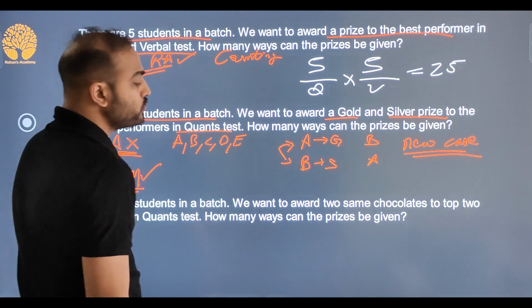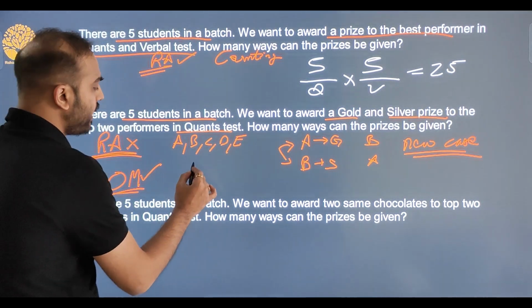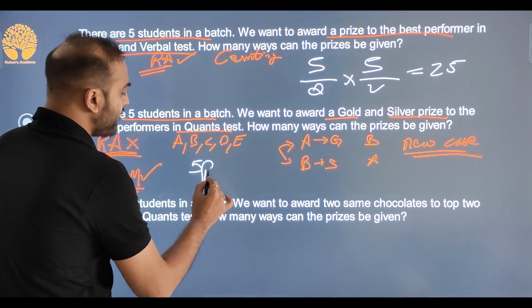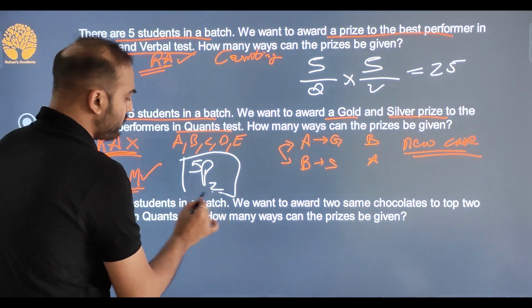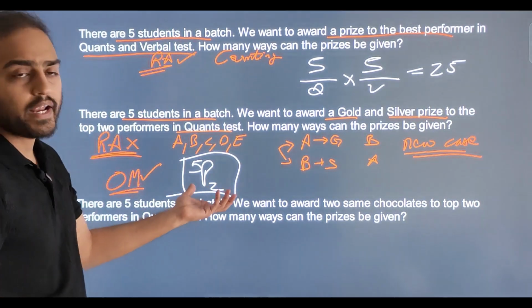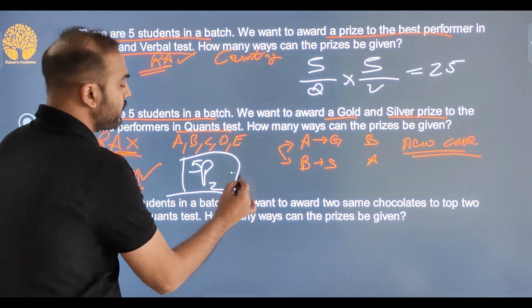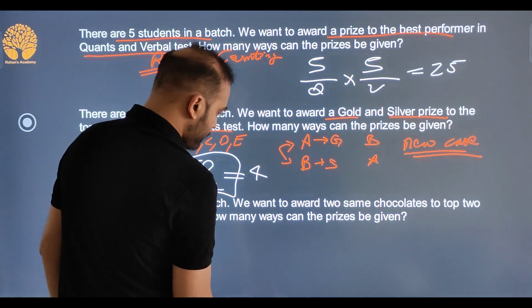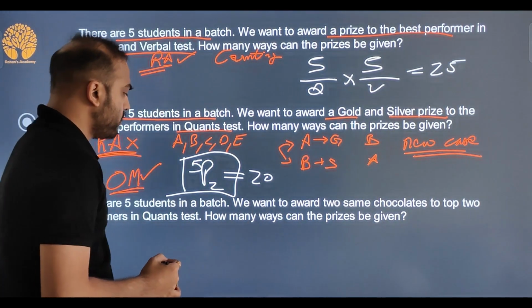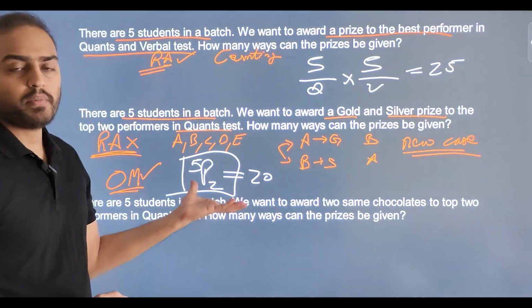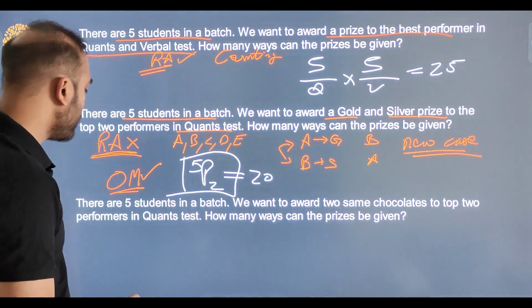That will be 5P2. We'll come to how we get 5P2 in a bit, and what the answer is, which is 20.